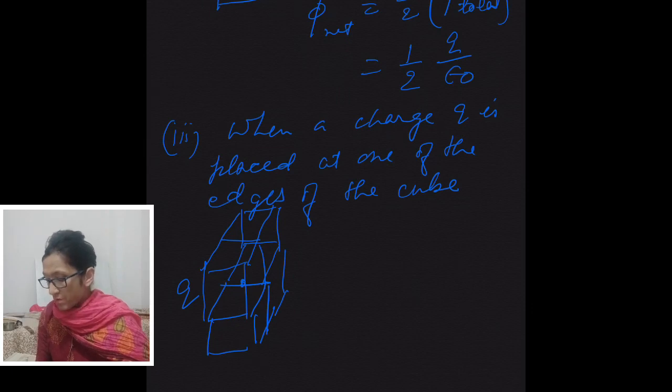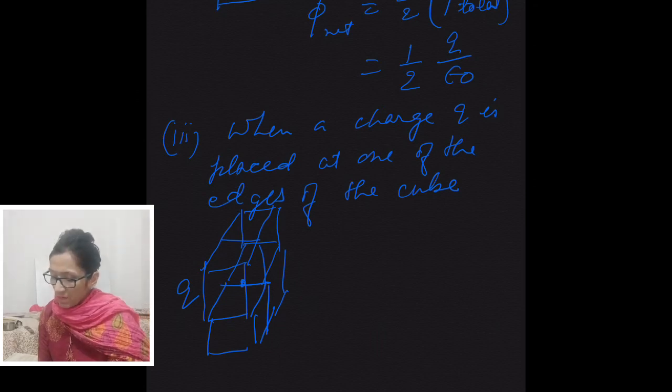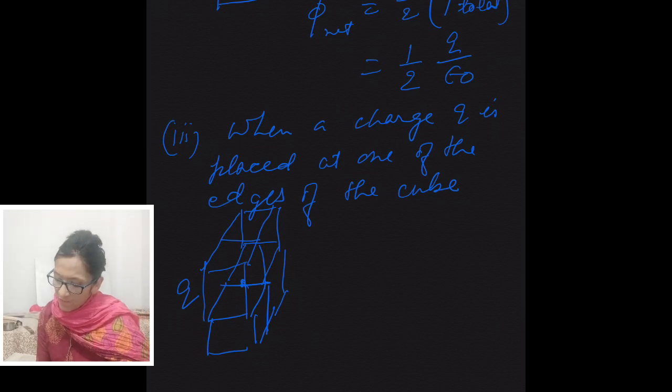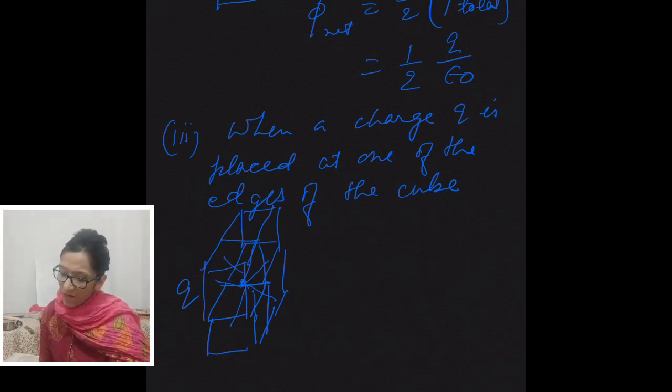If we take 4 such cubes, then the charge is totally surrounded by these cubes. So you can assume that the field lines are passing equally in the 4 cubes. The field lines are equally distributed.